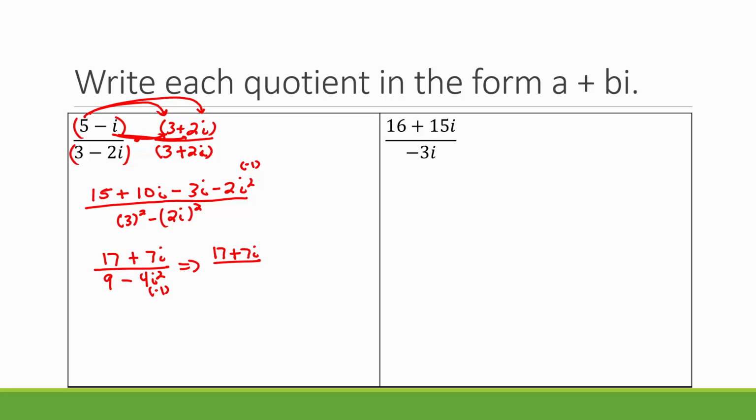And 9 plus 4 is 13. So we want our answers written in a plus bi form. So we want to separate this into 2 separate fractions. So 17 over 13 plus 7 over 13 times I.